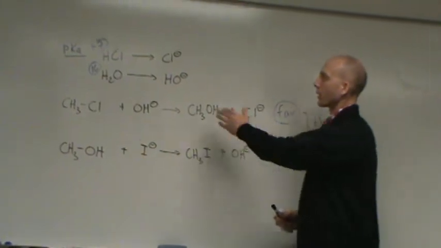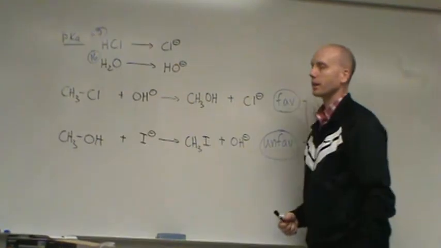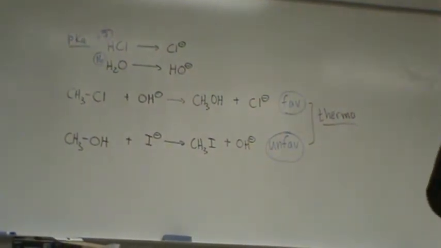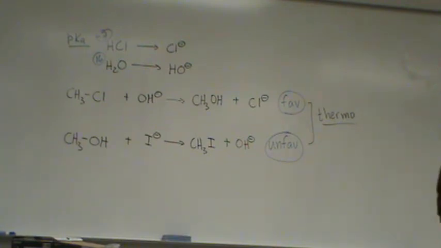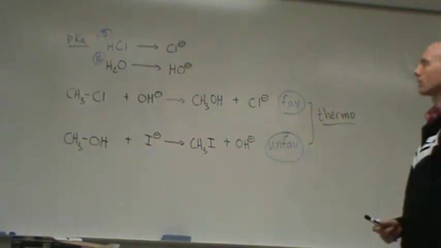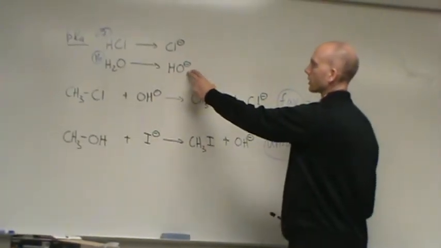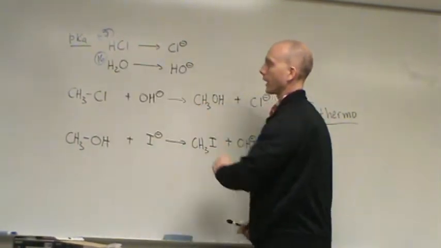From our theory that we studied back in chapter 2, which of these two is the stronger base, Cl minus or OH minus? Weaker base comes from the stronger acid.